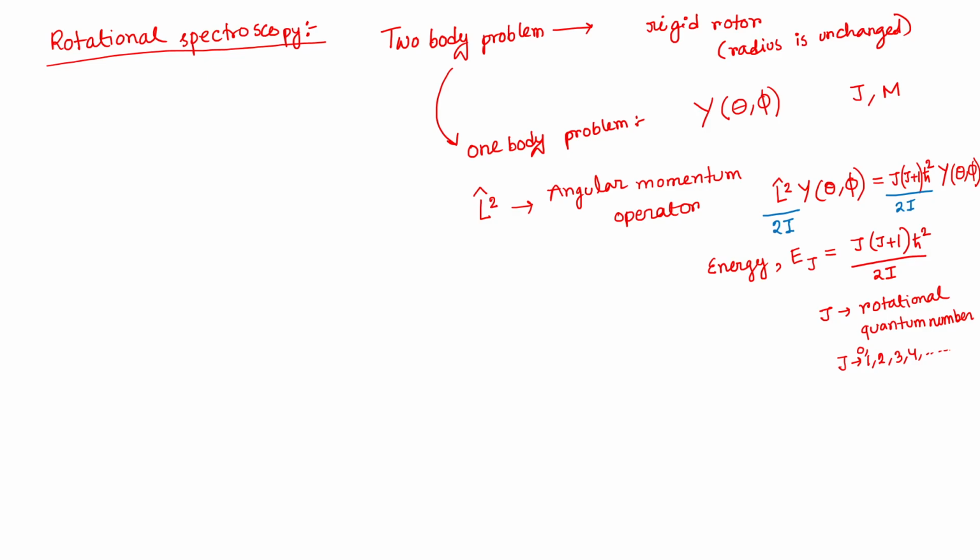So when EJ is 0, you can't really know where the position is. Energy is 0, but it can be anywhere, any value of theta, any value of phi, right? So there are an infinite number of possibilities, which means the probability is infinity to find the particle. So actually this is following the uncertainty principle.